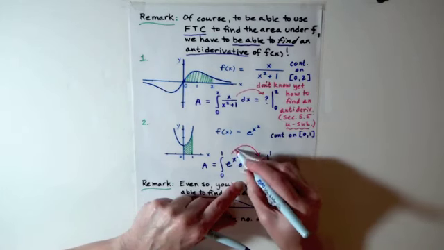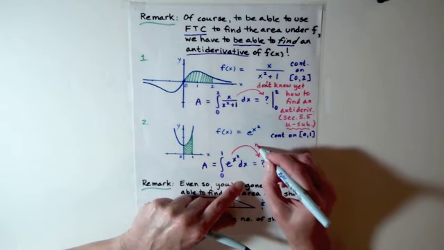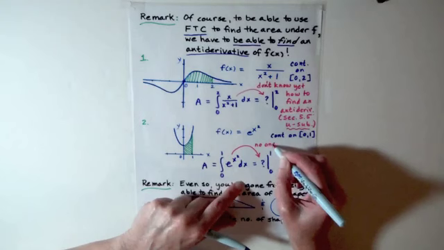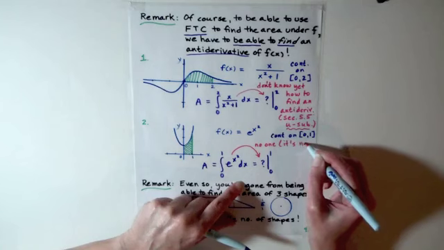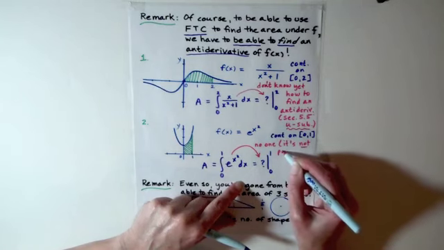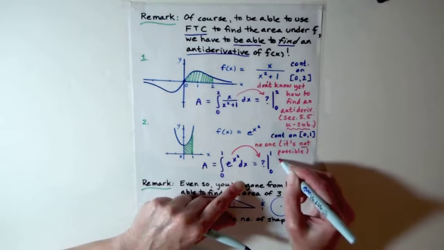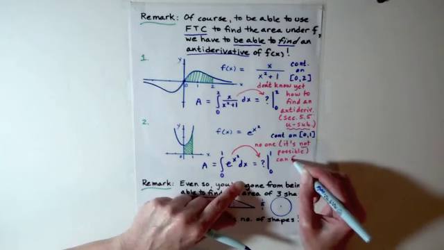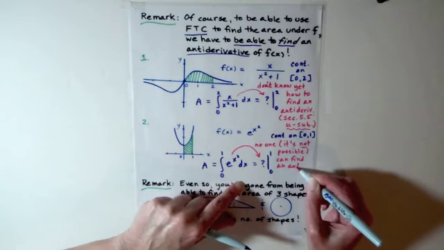So not only do we not know yet how to find the antiderivative, but no one can. It's not possible to find an antiderivative in closed form.